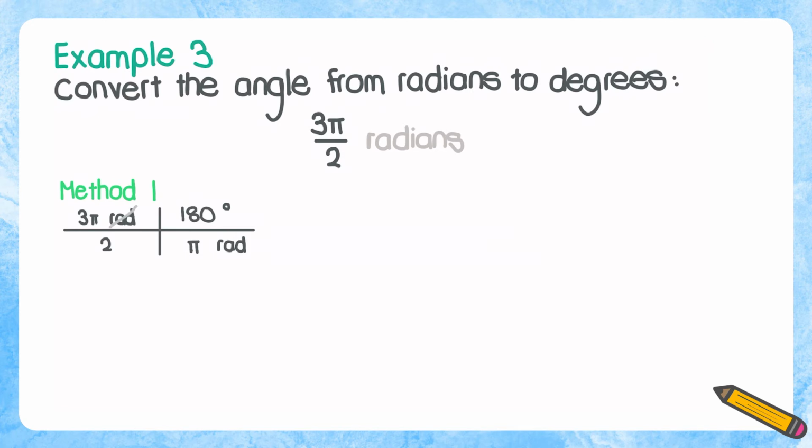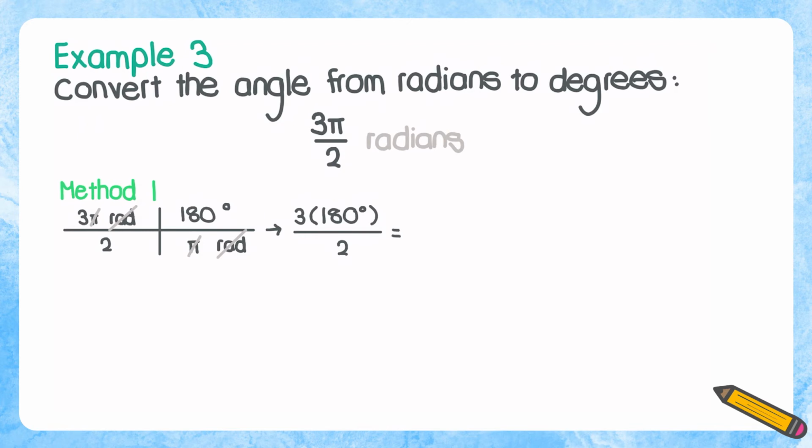And notice here, the radians cancel out, and so does pi. So we're left with 3 times 180 degrees over 2. And there's a few ways you can approach this. Here's the first way.